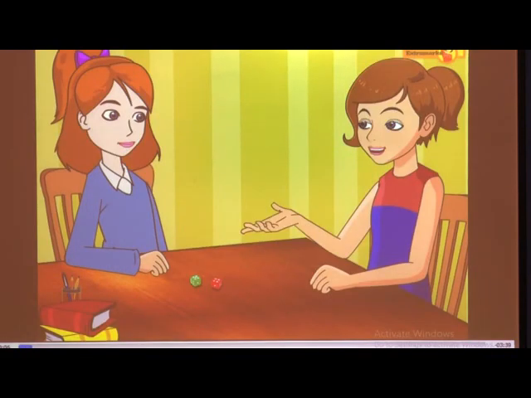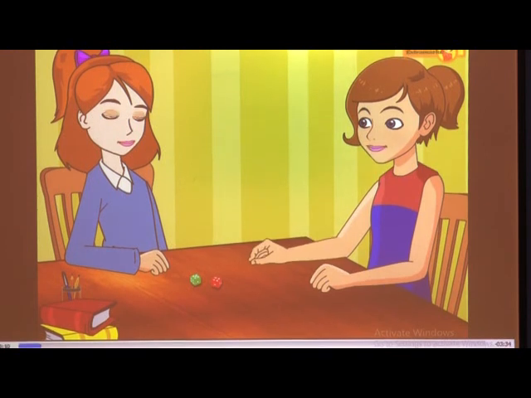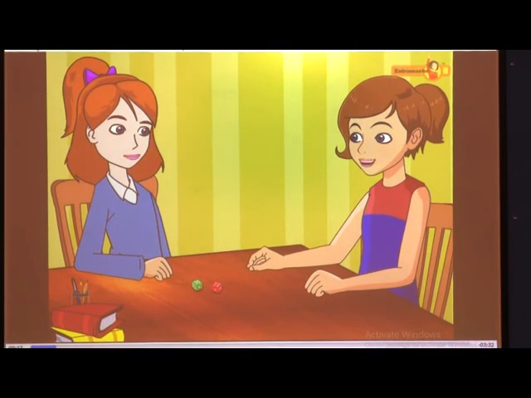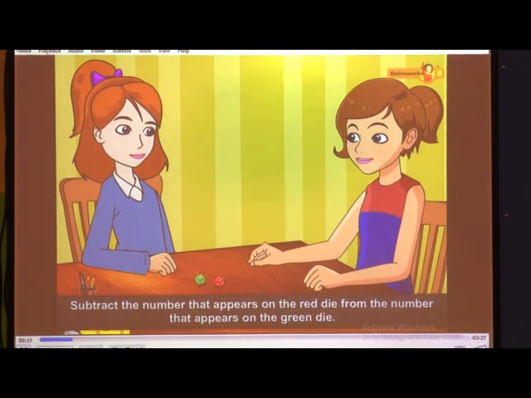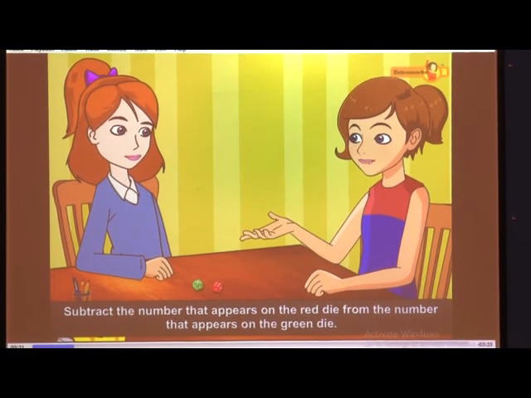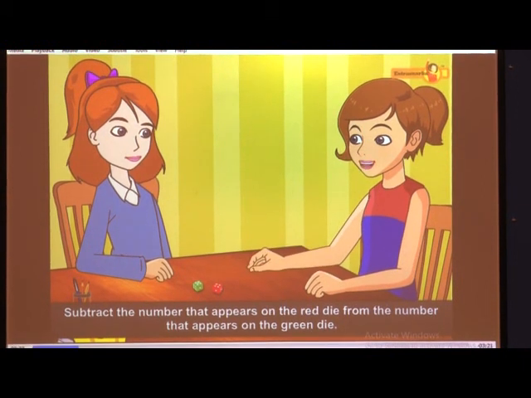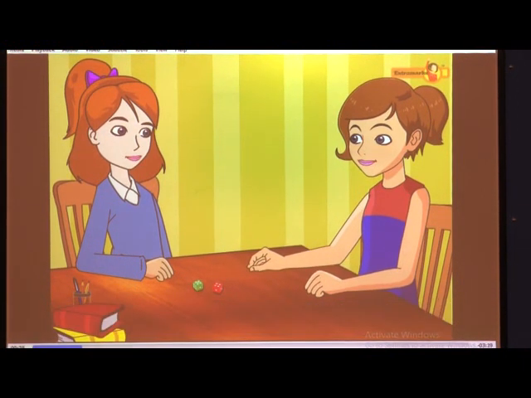Let's play a game of numbers with the help of a red and a green die. We will throw red and green die simultaneously. Then we will subtract the number that appears on the red die from the number that appears on the green die. Wow, that's great fun. Let me start first. No problem.